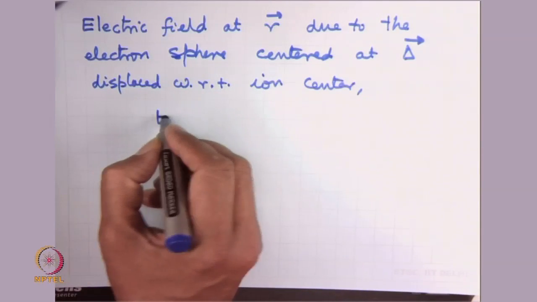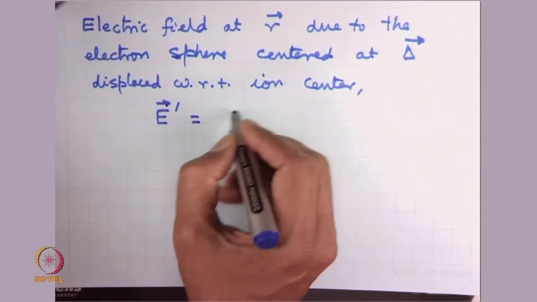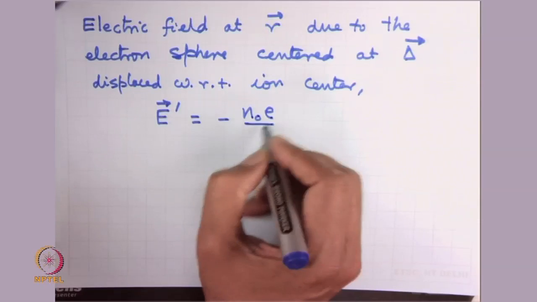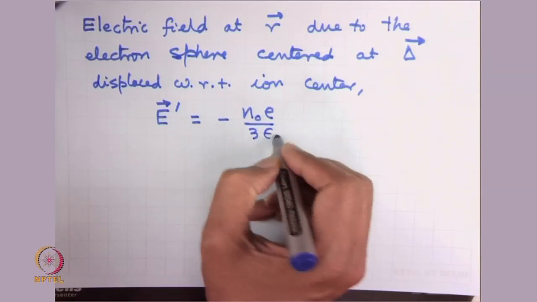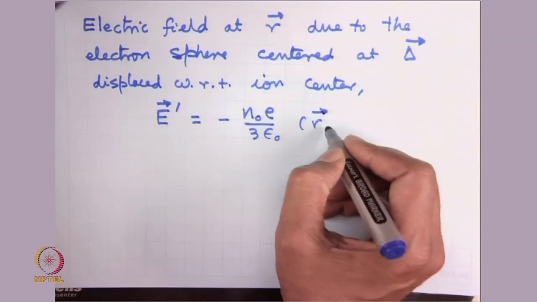I will call this E dash. That would be equal to, charge is negative, so minus n0 e by 3 epsilon 0, and the position of the point of observation from the center of the sphere would be r minus delta.